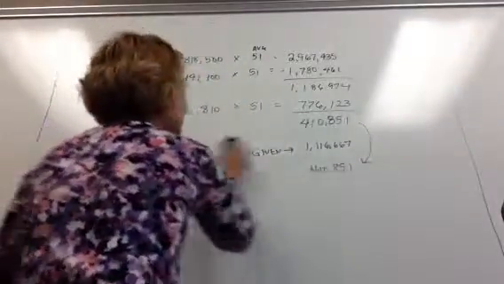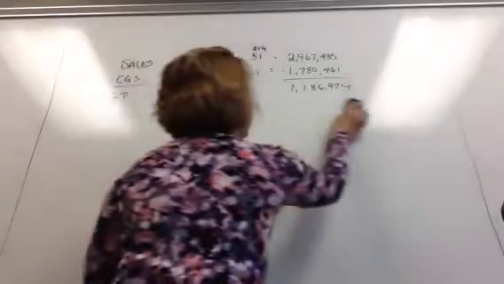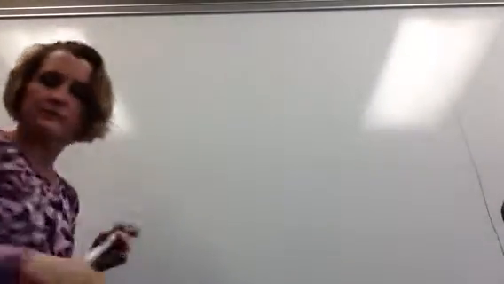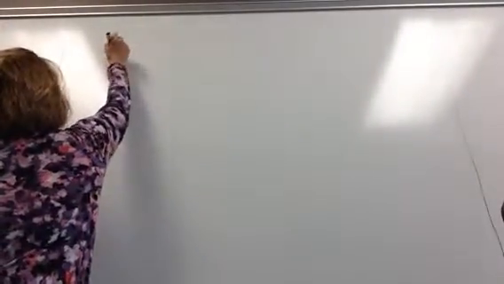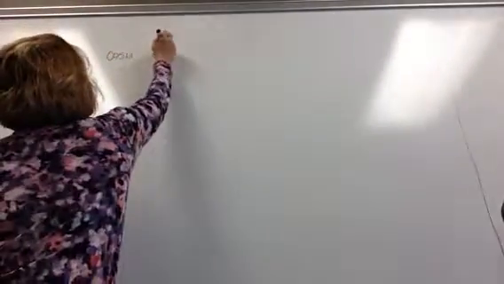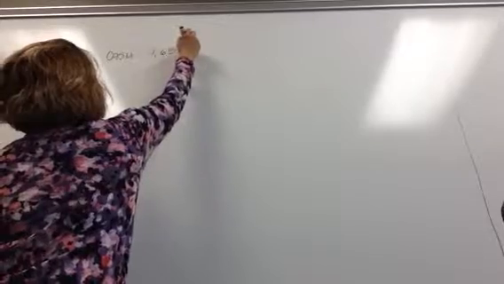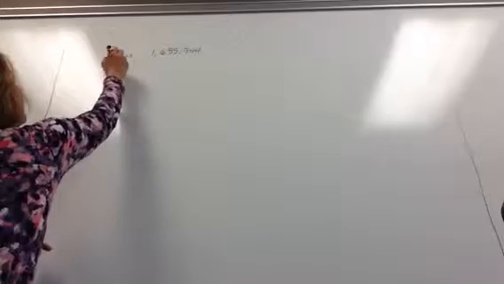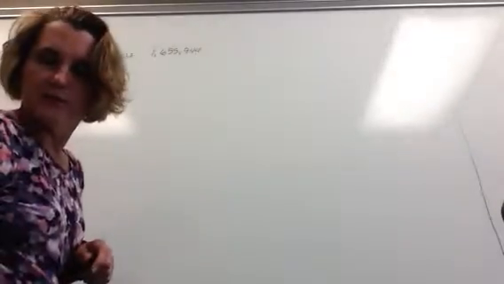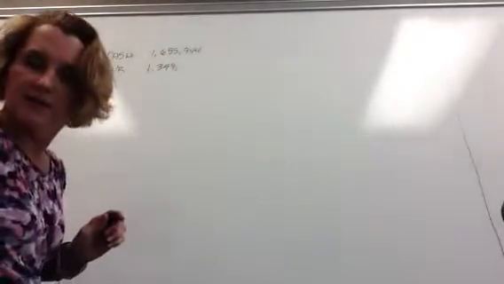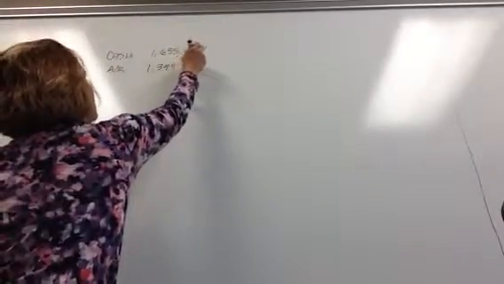Now the balance sheet you're going to convert at the end of the year rate. So we've got cash, and the cash balance is 1,655,944 Brazilian reals. Our accounts receivable is 1,349,892 Brazilian reals.